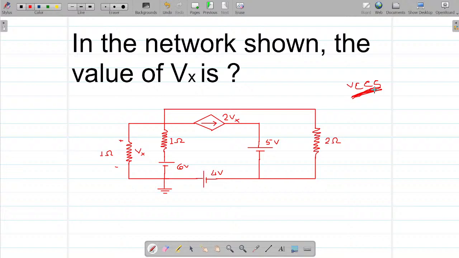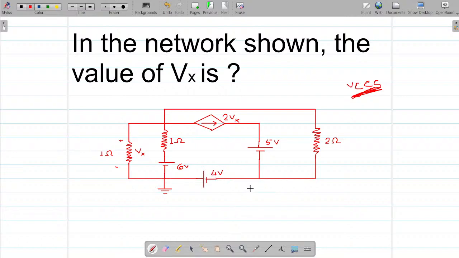Okay. So now, let us determine the nodes in this question. Tell me what is the potential at this point? We are at ground and then we are further falling by a potential of 4 volts.